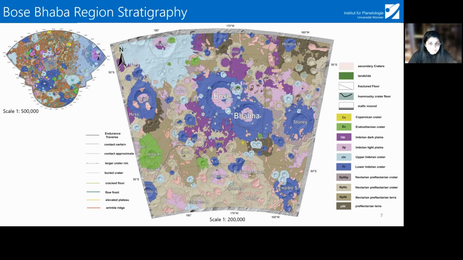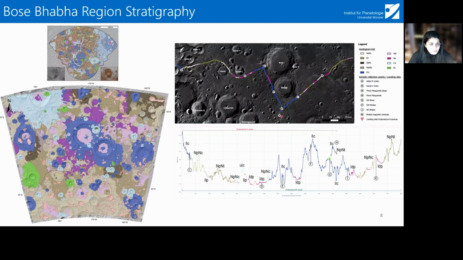Next slide, please. So we did the same exercise we did with the Poincaré map. We put the Endurance traverse on top of the geological map and see which kinds of material we could collect.